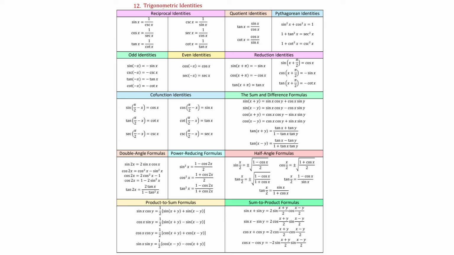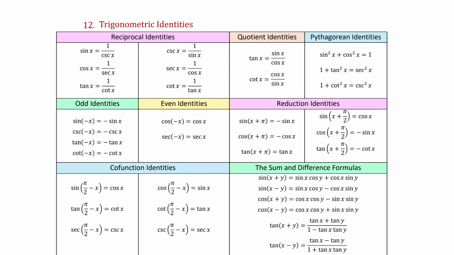And now the last topic I have for you is the trigonometric identities. Although you might need all of them, I will circle for you the ones that you will encounter more often. First, you will need the reciprocal identities, then the quotient identities, and these are tangent of x equals sine of x over cosine of x, and cotangent of x equals cosine of x over sine of x.